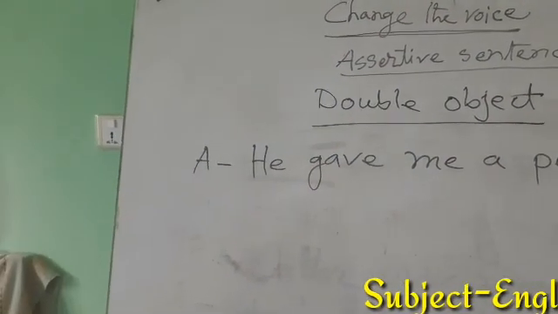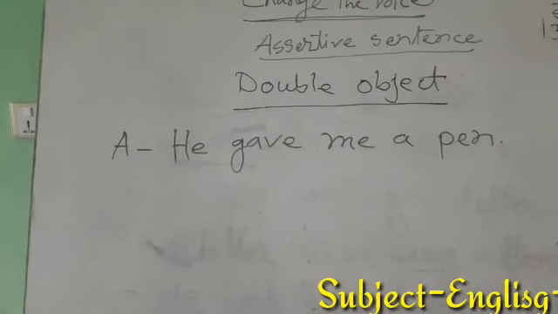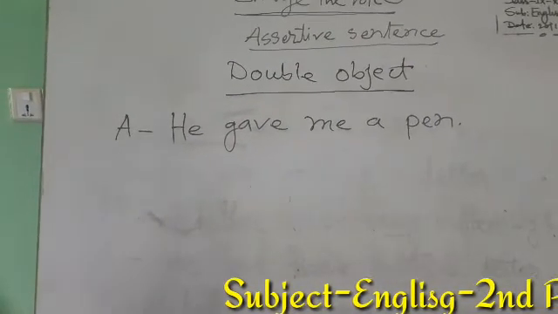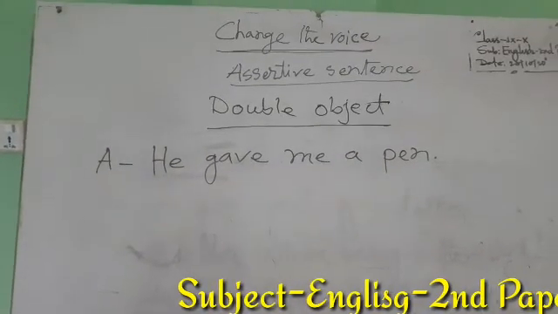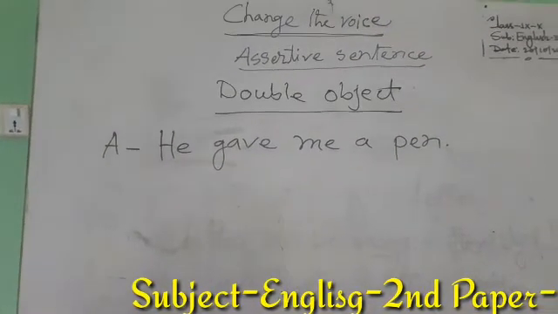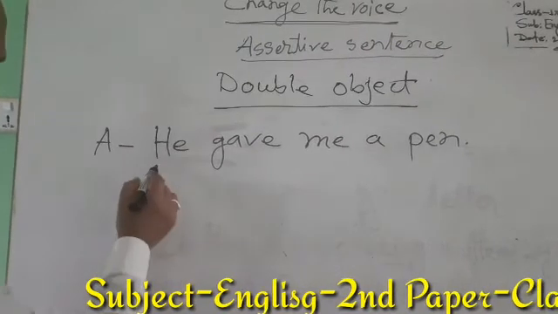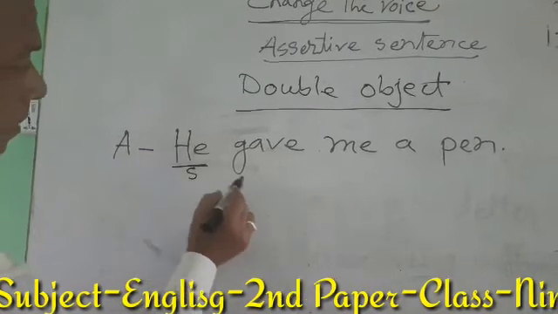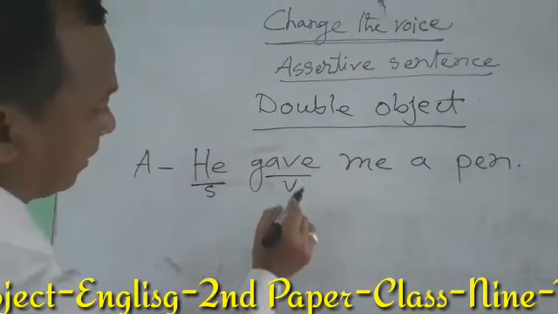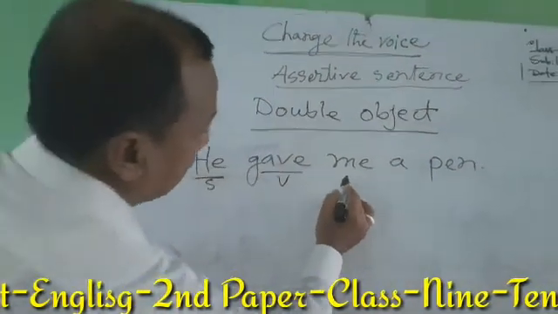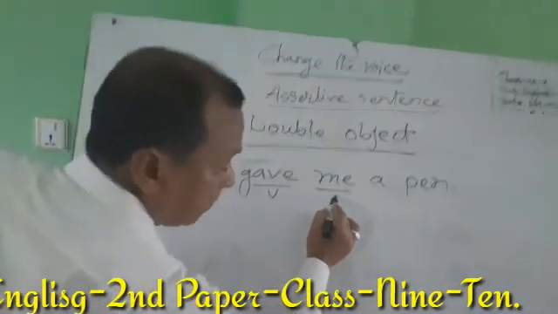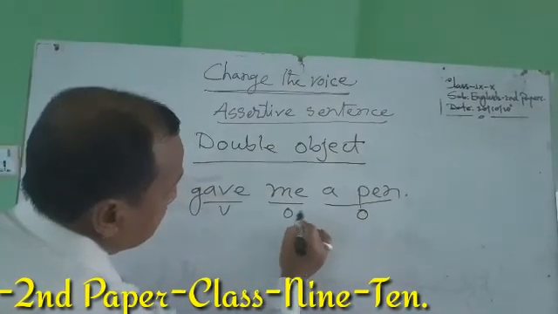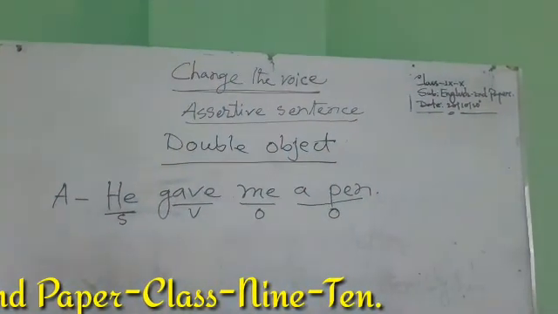We can turn it into passive by following 5 steps. Now, firstly we identify subject, verb and object. Subject he, verb gave, object me and fan. Two objects.